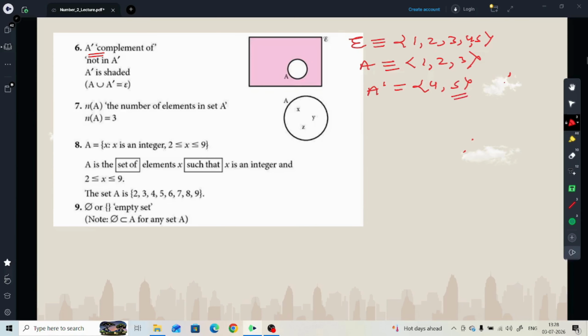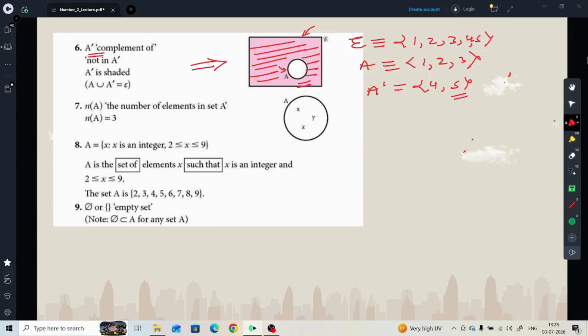It's as simple as that. Here you can also see the Venn diagram: here is our set A and here is our universal set which contains set A. We'll be shading all the region leaving set A. That's how we write the complement of a set. This is the region for complement of set A.